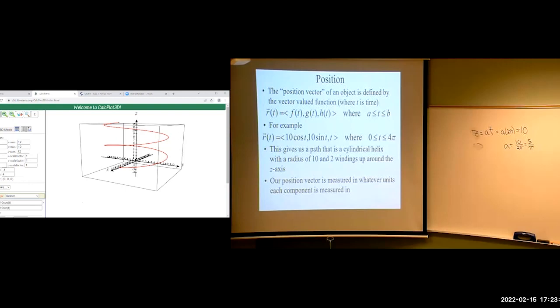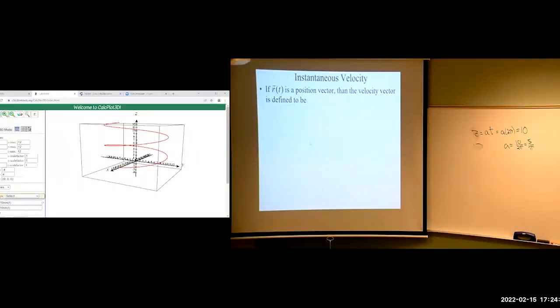Now, we'll use feet just because I want to talk about units a little bit, but centimeters, anything would work. So after we talk about position in Calc 1, we talk about instantaneous velocity. Remind me, if we have a position function, how do we find the instantaneous velocity?